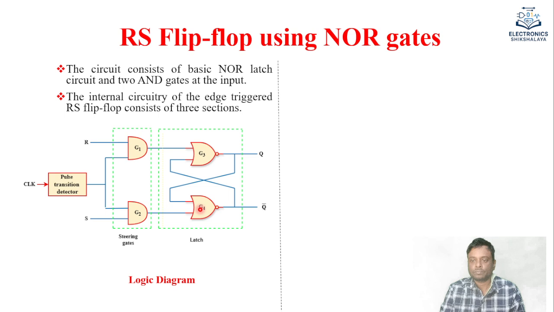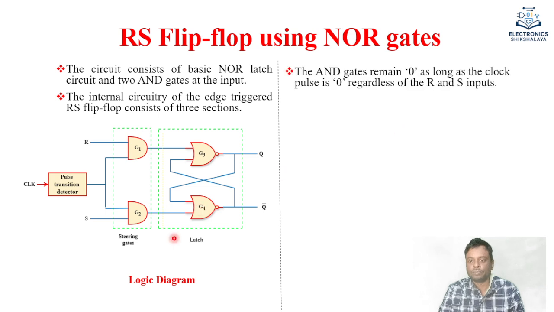The steering gates are G1 and G2, and these are AND gates. If the clock is zero, the output of the edge detector circuit is zero, so the outputs of G1 and G2 will be zero.